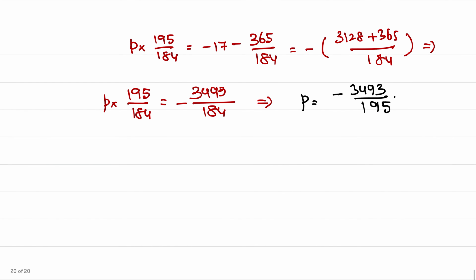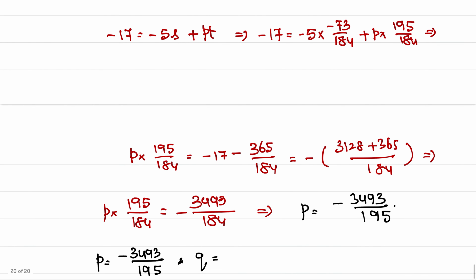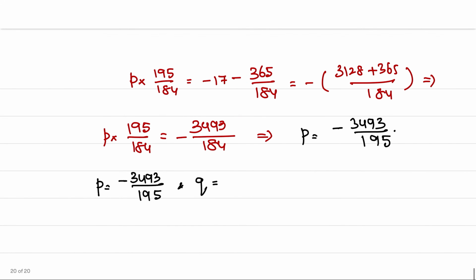That means what is the value of P? P is equal to minus 3493 by 195 and Q is equal to minus 2863 by 92. When P and Q are these values, then the given simultaneous equation system has infinite solutions.